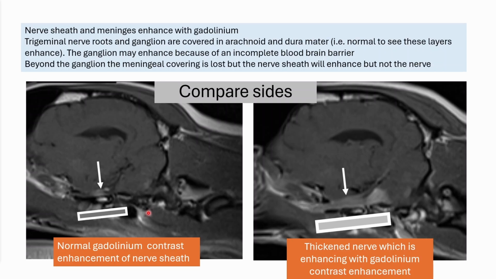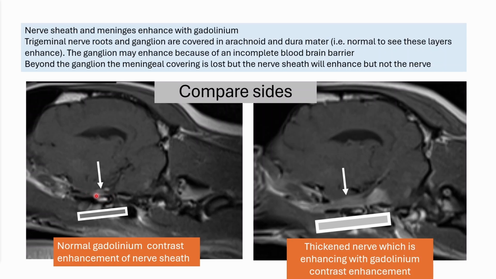They don't have a blood-brain barrier, so it is completely usual for you to see the trigeminal nerve with contrast enhancement. And some actually say that the nerve itself will enhance, and certainly the ganglion appears to enhance because of an incomplete blood-brain barrier. Beyond the ganglion, the meningeal covering is lost, but this nerve sheath will still enhance.